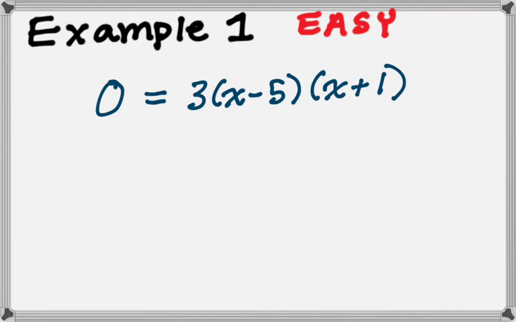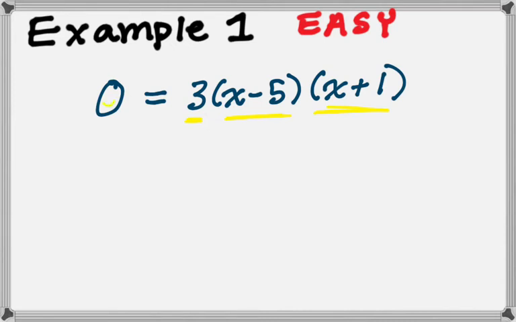So I do know that this is indeed a quadratic equation. Now, I also know that we have a multiplication problem with 3 different factors. We're multiplying the number 3, the expression x minus 5, and the expression x plus 1. And we want to solve this and find out what x is equal to.